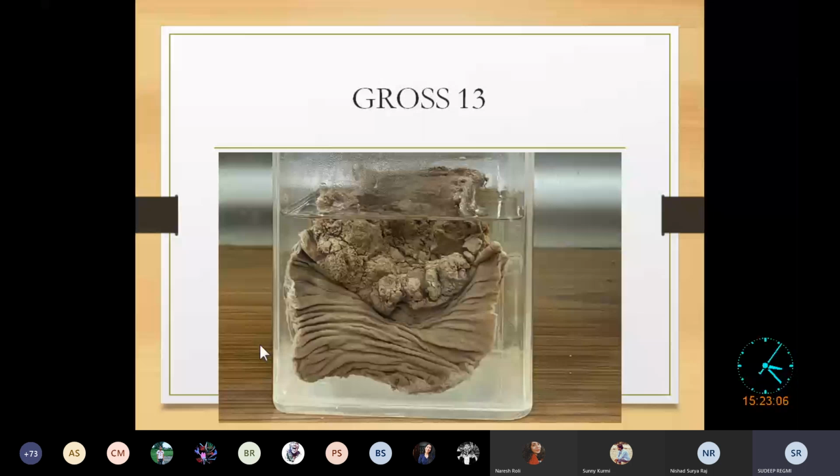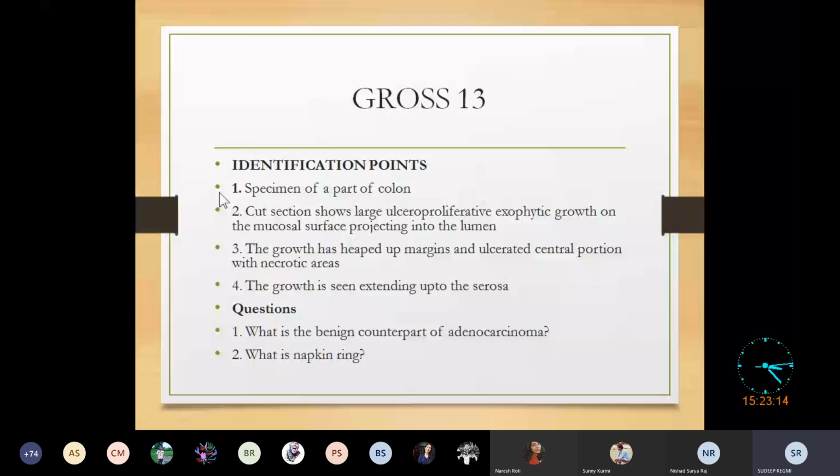What we see is a proximal carcinoma of the colon. This is a specimen of a part of a colon, and cut section shows a large ulceroproliferative exophytic growth on the mucosal surface projecting into the lumen.